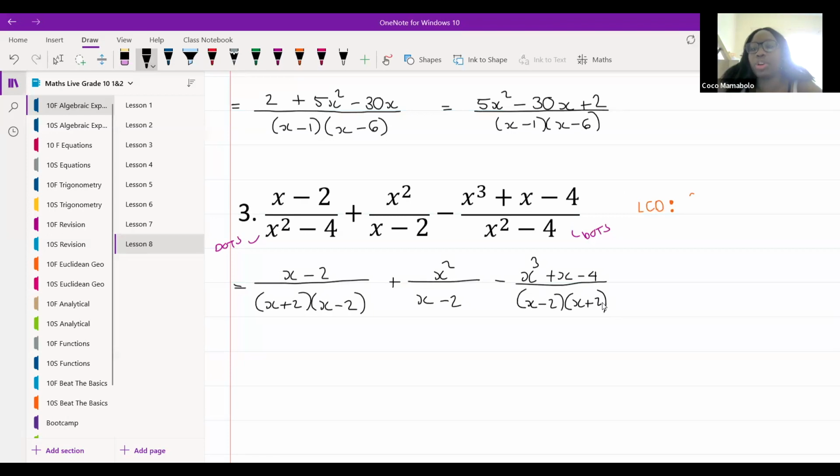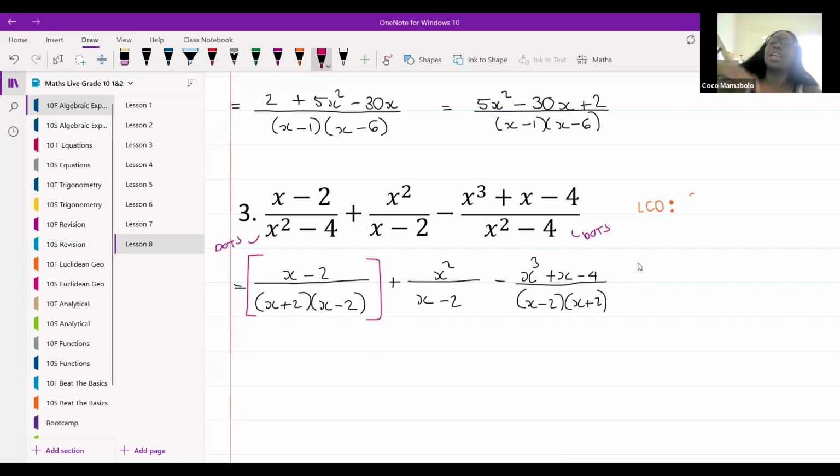Now, here's what we're going to notice before we continue. In this bracket over here, just this one, because we factorized everything, do we see anything on the top and the bottom that we can cancel because they are common?